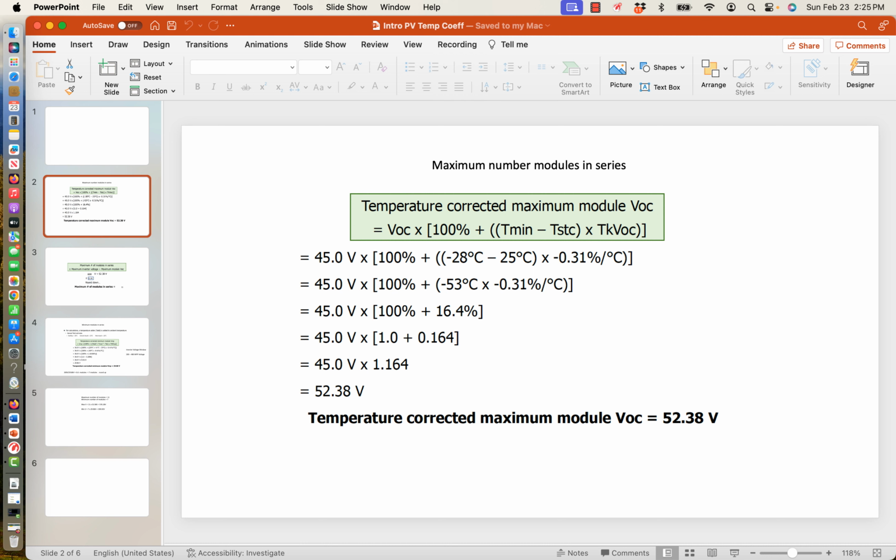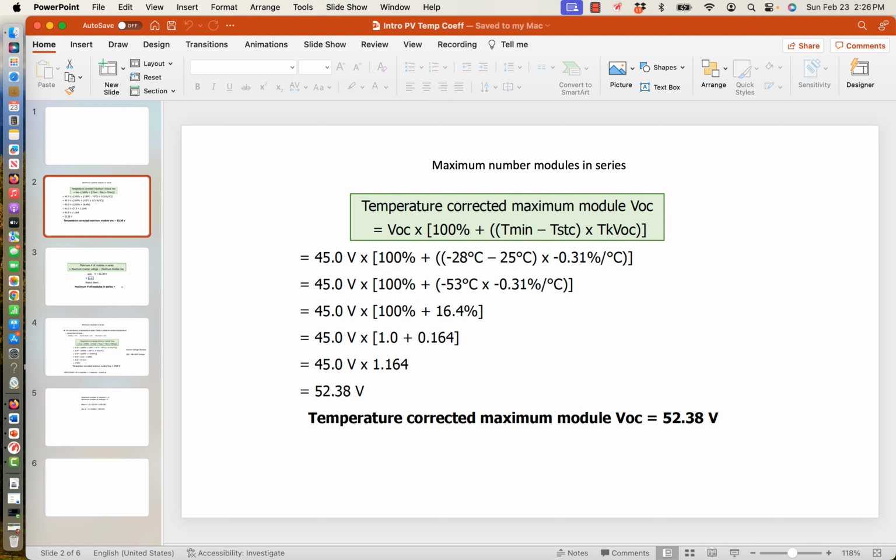The data sheet is for a specific module, so we need to be able to identify what is the VOC, VMP, ISC, IMP, the temperature coefficient VOC, temperature coefficient PMP, I'm sorry, not VMP, PMP, max power.